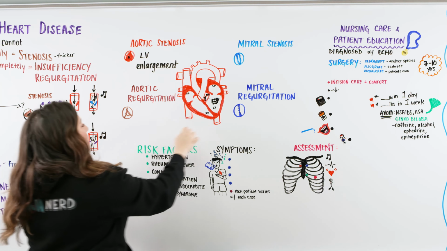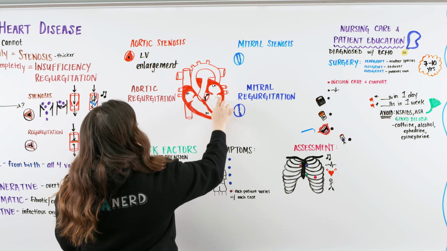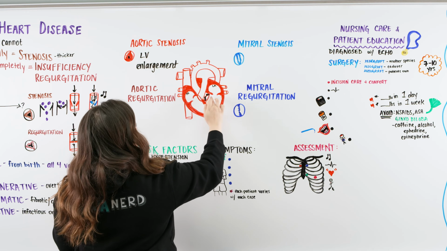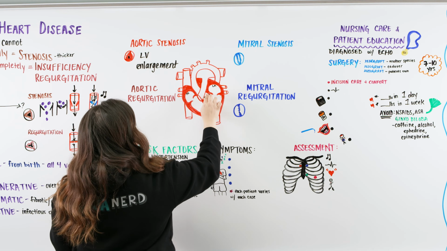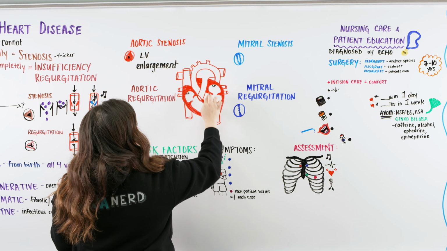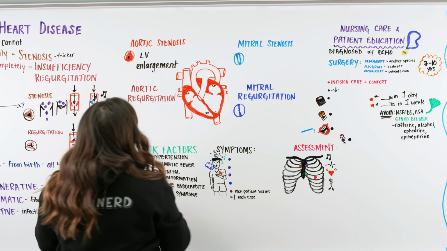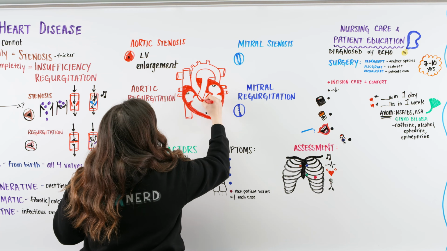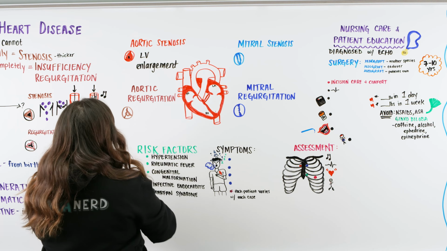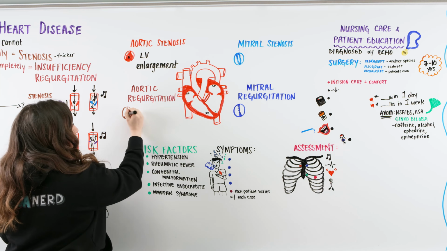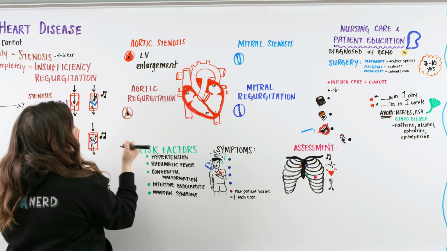So now let's look at regurgitation. Instead of having problems with the valve opening properly, we're having problems with the valve closing properly. And when we have problems with the valve closing, we're going to have problems with what? This valve isn't meeting quite the way it needs to right in the middle. It's leaving a little opening.